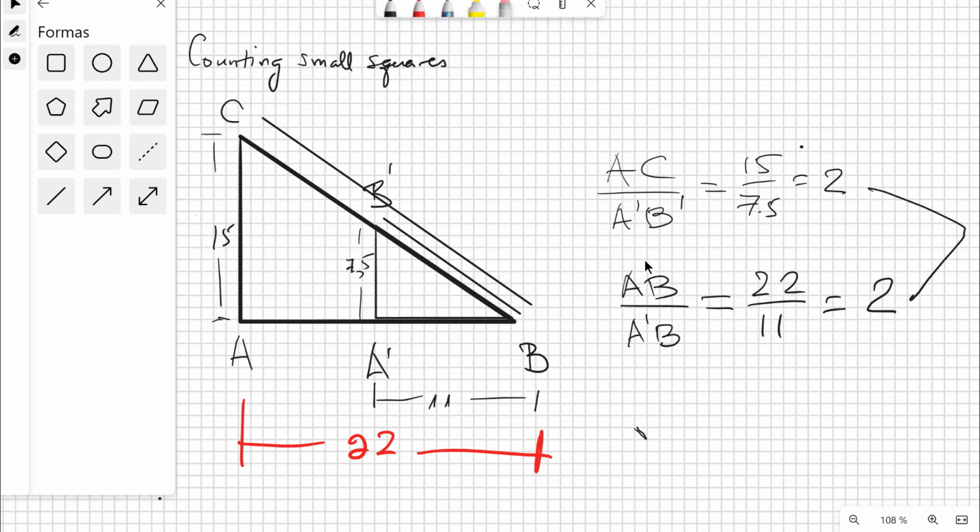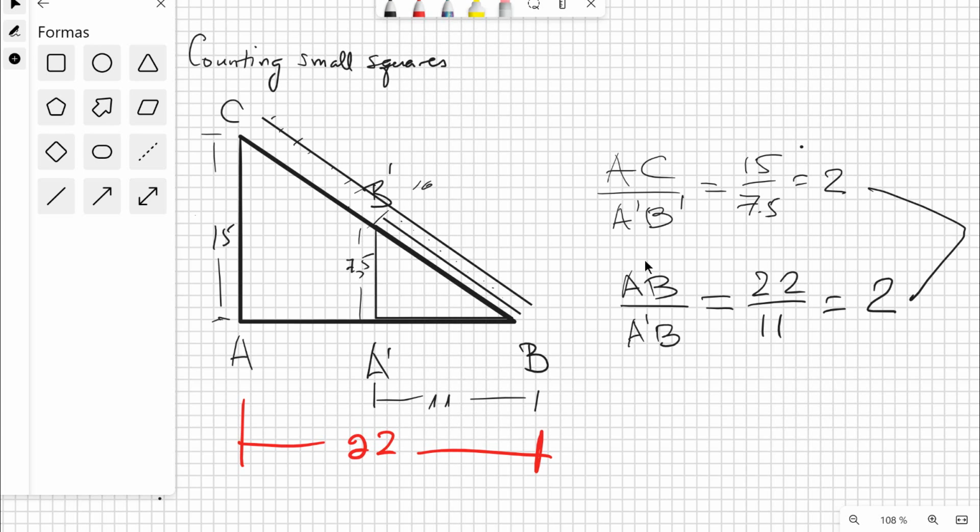But let's count the number of those diagonals or those small squares, and see that we have here 1, 2, 3, 4, more or less 20, up to 21.